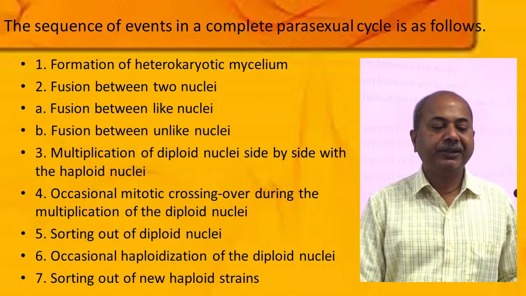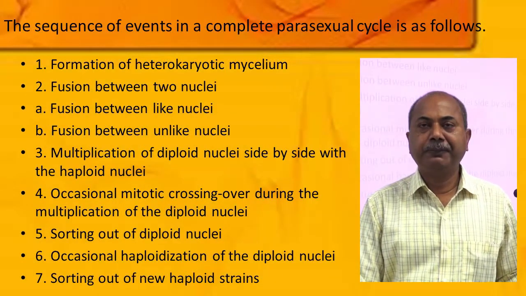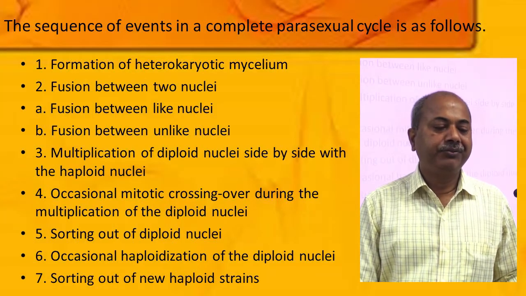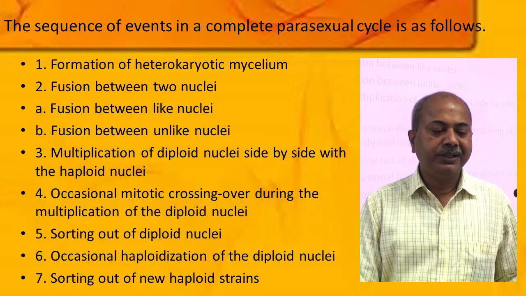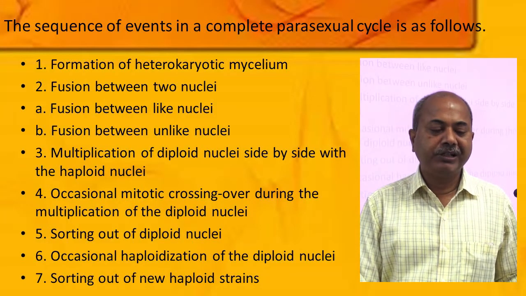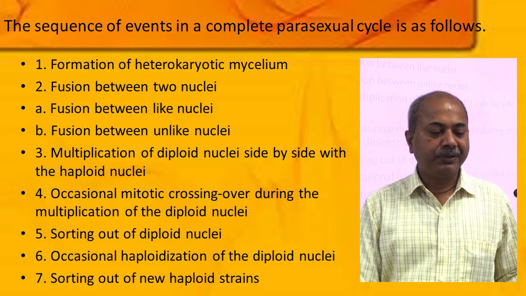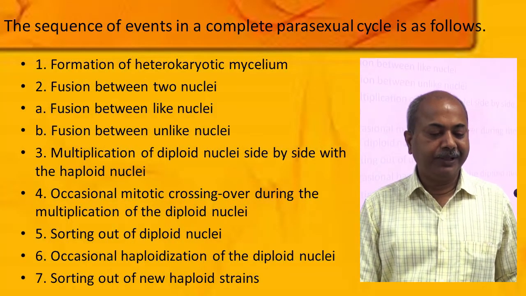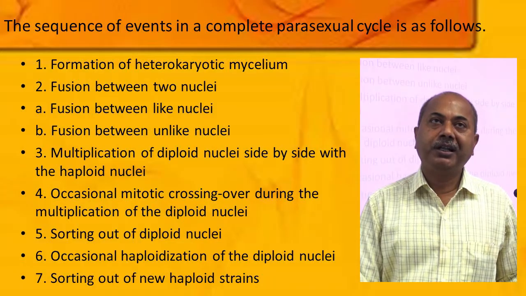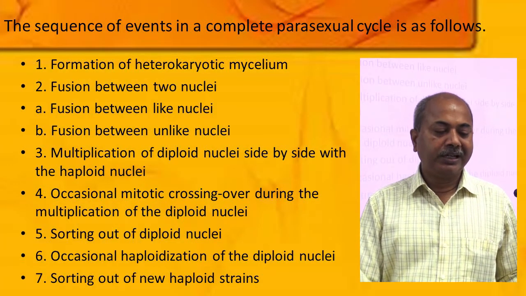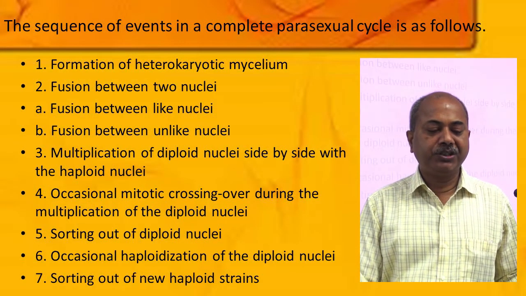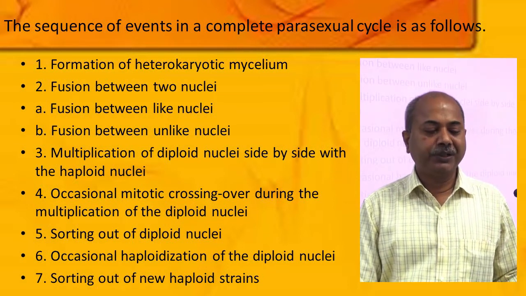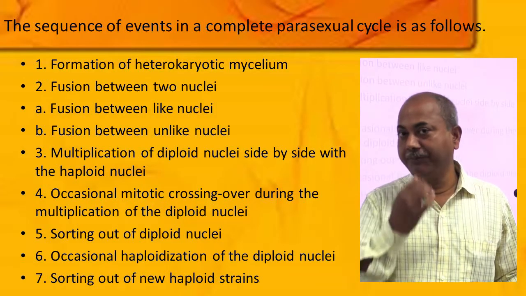The sequence of events in a complete parasexual cycle is as follows. First, there is the formation of heterokaryotic mycelium, then fusion between two nuclei occurs; fusion between like nuclei may occur, or fusion between unlike nuclei may also occur. The third step is the multiplication of the diploid nuclei side by side with the haploid nuclei. Both the multiplication of haploid and diploid nuclei may occur.